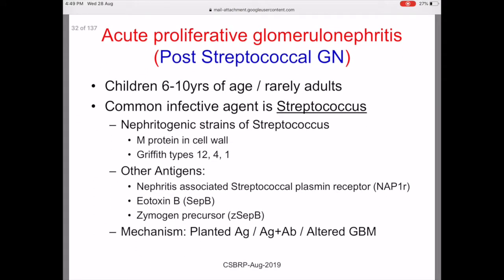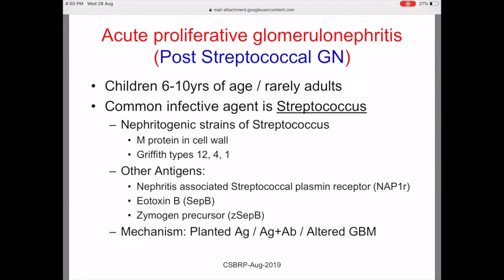Acute proliferative glomerulonephritis is usually seen in children around 6 to 10 years of age, and it is rarely seen in adults. The common agent is streptococcus, and that too a streptococcus which has an M protein in its cell wall, which we will call nephritogenic strains of streptococci, which fall under the category of Griffith types 12, 4 and 1.